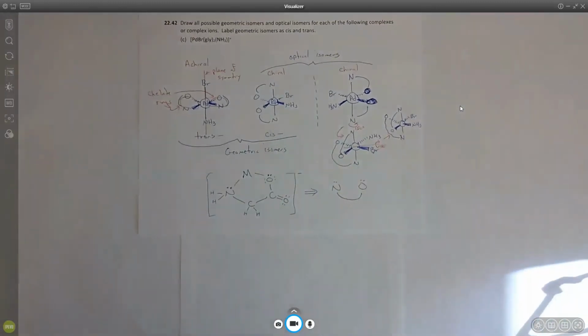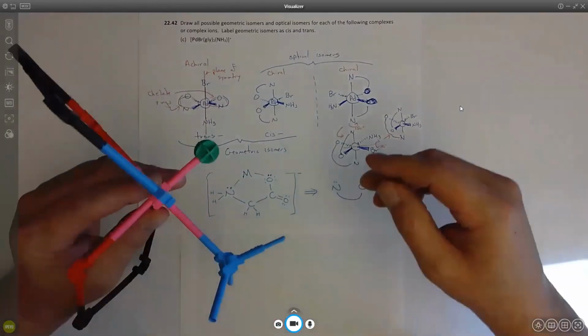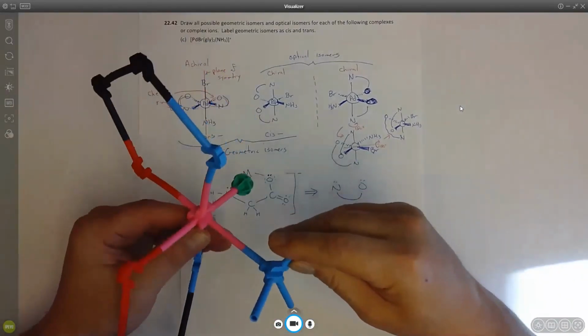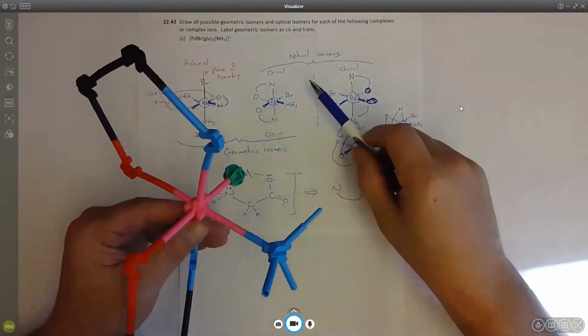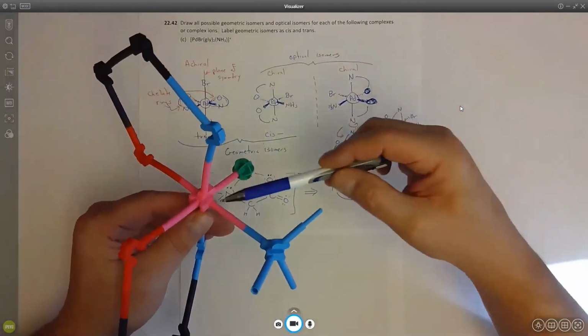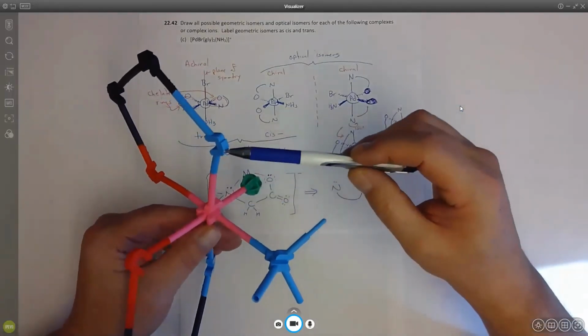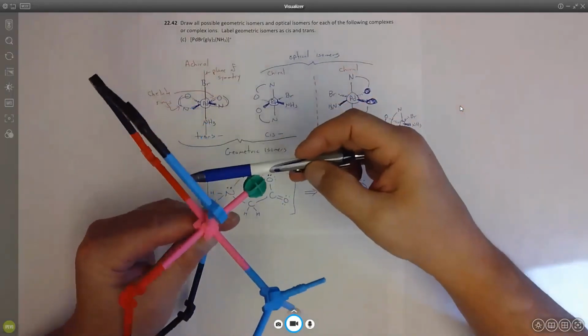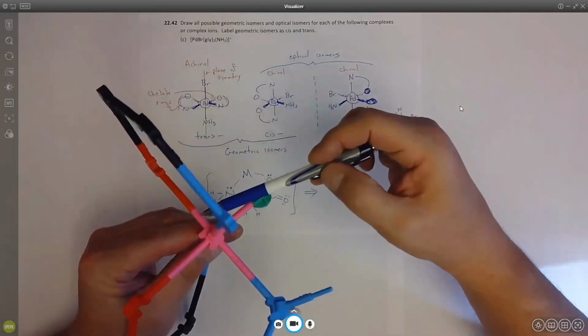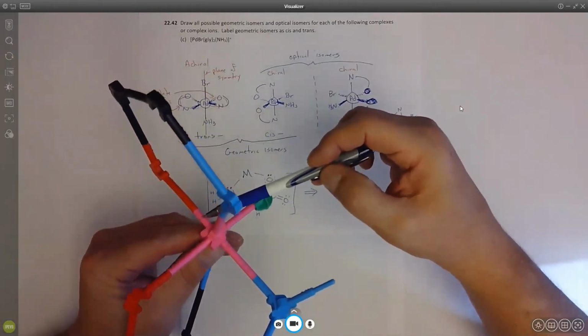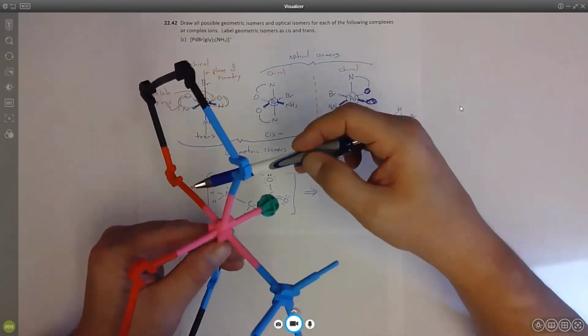Okay, so this isomer here would look like this, right? So again, we have the bromine going back into the page. We have the ammonia coming out towards us. We have the nitrogen on top, and it's being bound to the metal atom from behind at 90 degrees.